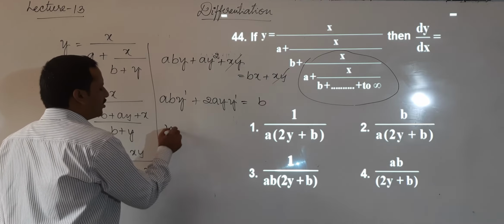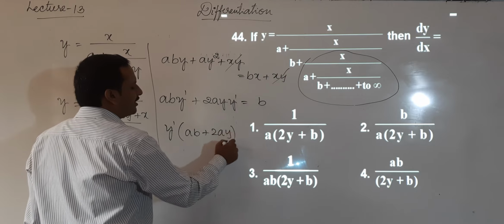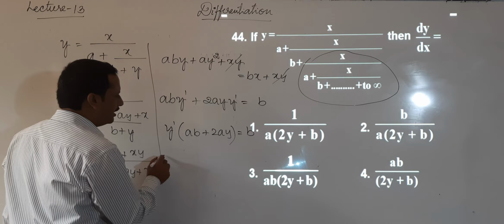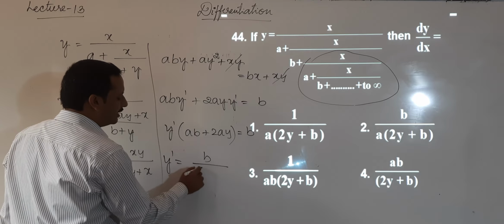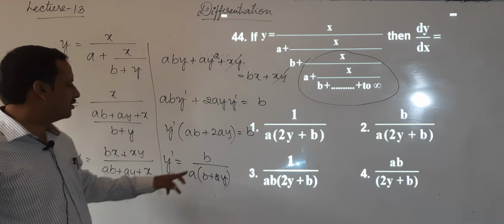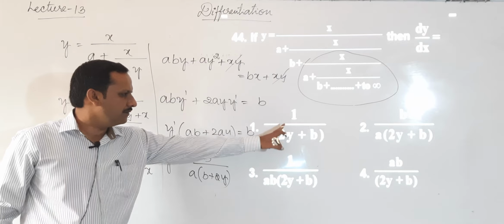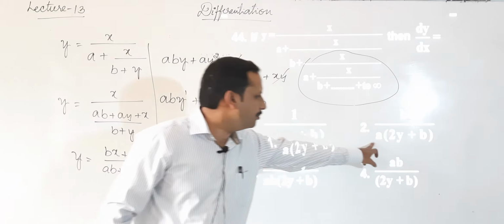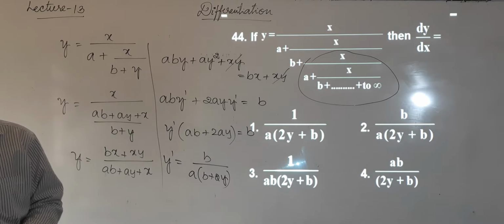Take y dash as common, y dash into ab plus 2ay is equal to b. Hence y dash equal to b by, I will take a as common factor here, a into b plus 2y. Y dash is equal to b by a into b plus 2y, which is the second option.